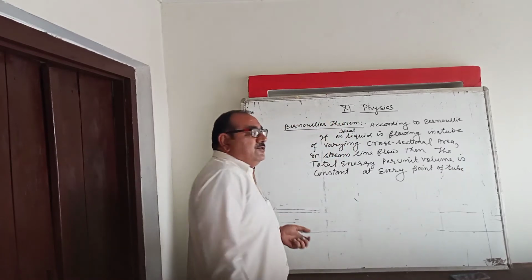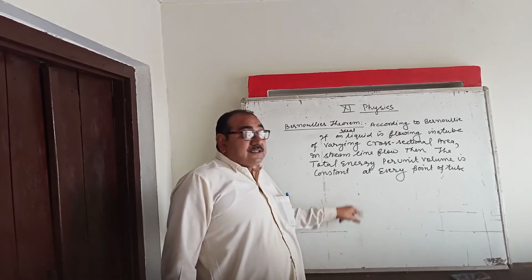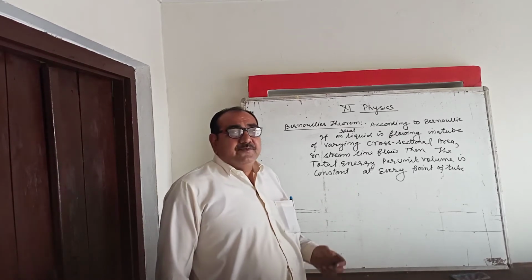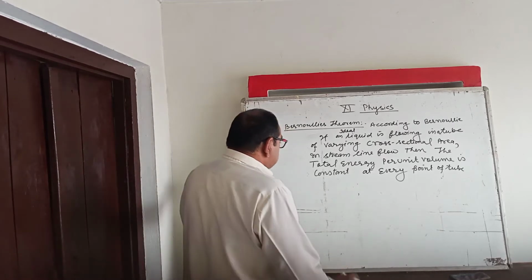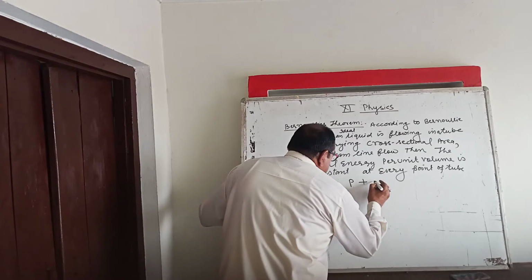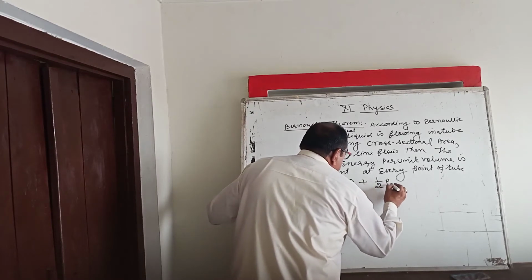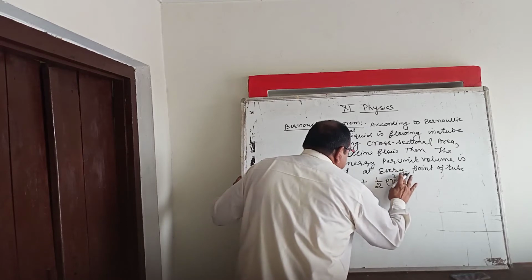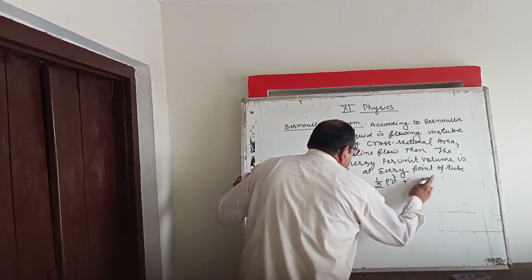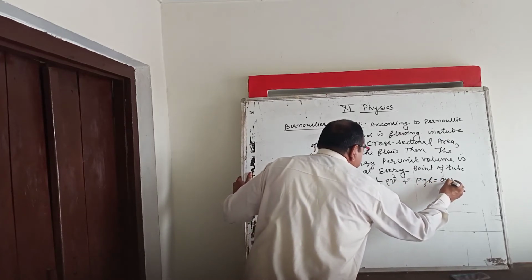In the previous video, I have told you that there are three types of energy which a liquid has. First was pressure energy, second was kinetic energy per unit volume, plus gravitational energy per unit volume, P plus half rho v square plus rho gh equal to constant.